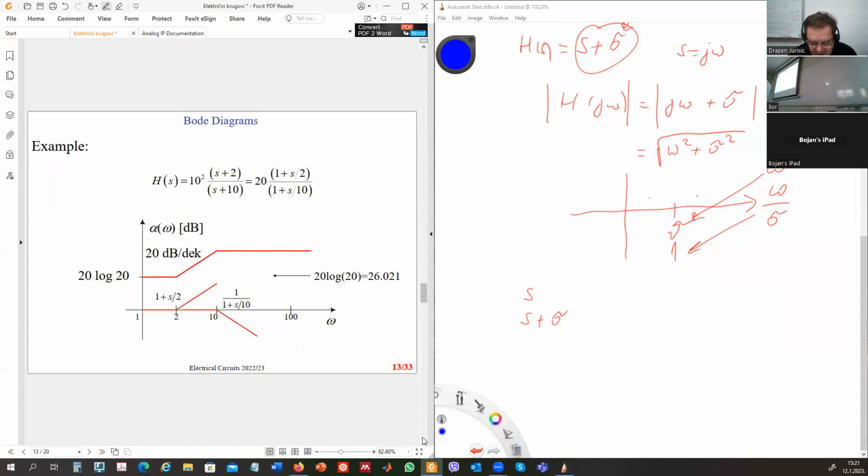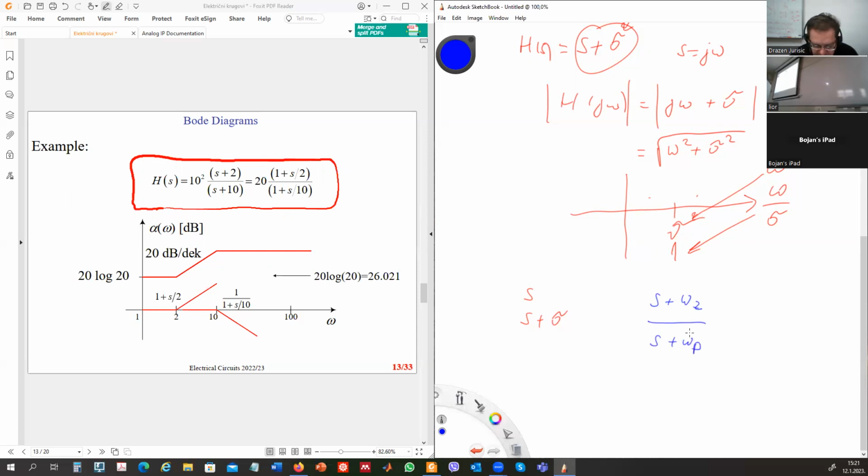We want to plot this H of s using our Bode diagram shortcut. So this here, s plus omega z, is divided by s plus omega pole. And you see how we can construct it.